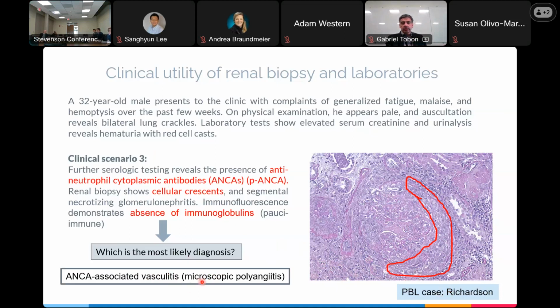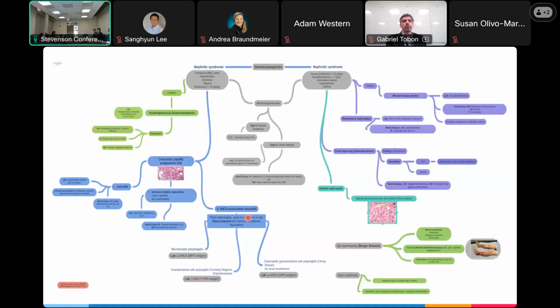So that's the first case in renal pathology, and then we use repetition, flowchart, and concept maps. For example, in the renal biopsy lecture, I have this concept map 4 or 5 times in the presentation.